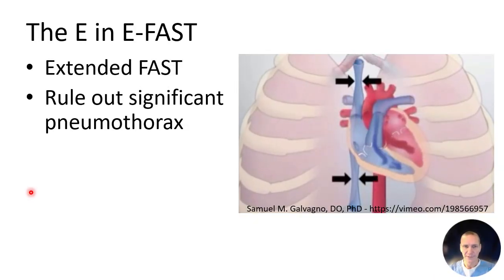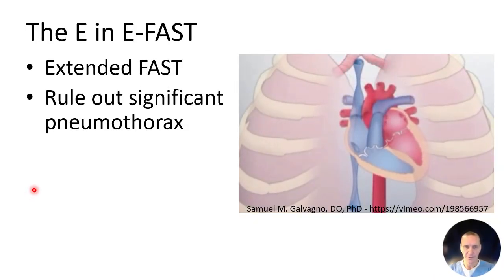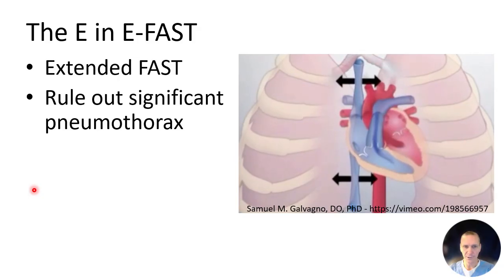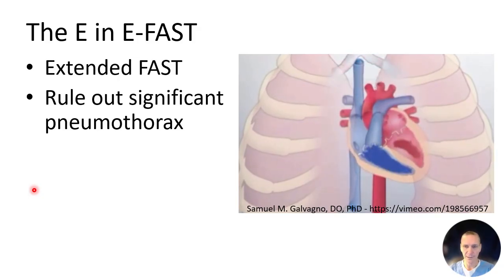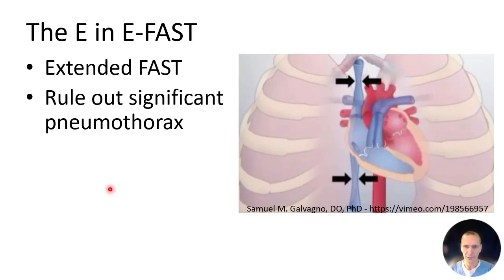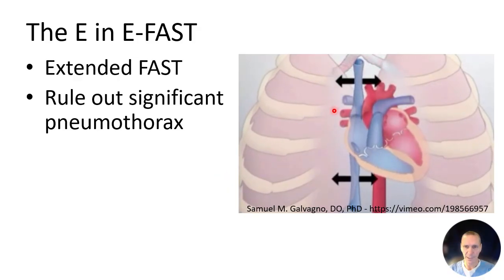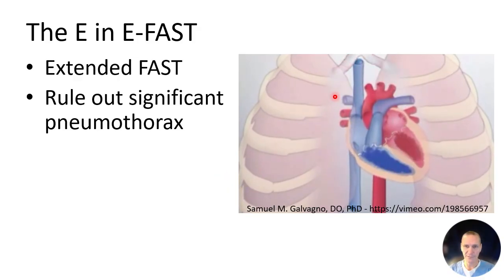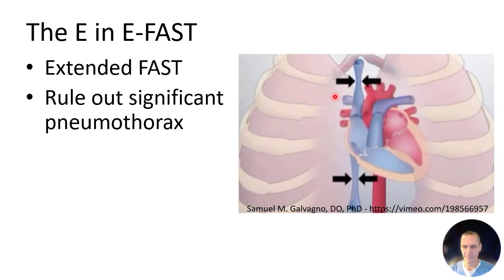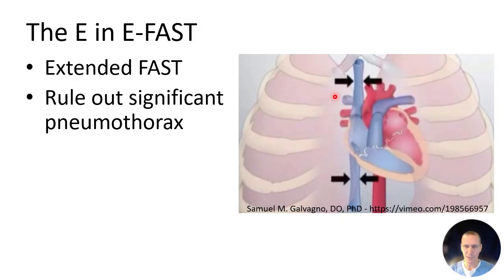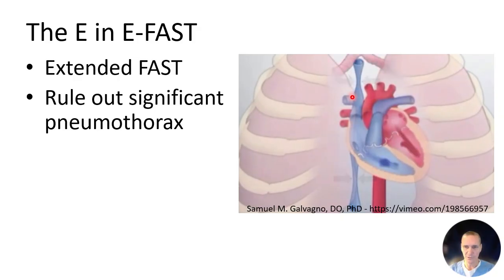Now we're going to talk about the E, so the extended part of the FAST exam. And really our goal here is to rule out a significant pneumothorax. I think this is a good time to remind people that any positive pressure, whether that's CPAP, BiPAP, or intubation, any positive pressure will reduce a patient's preload.